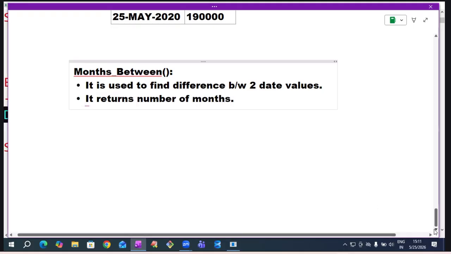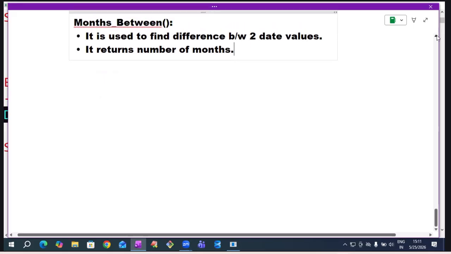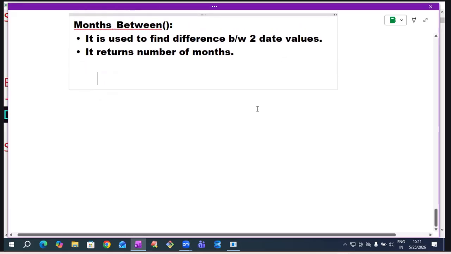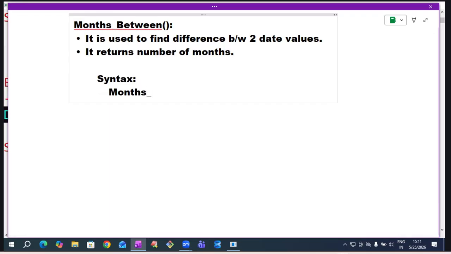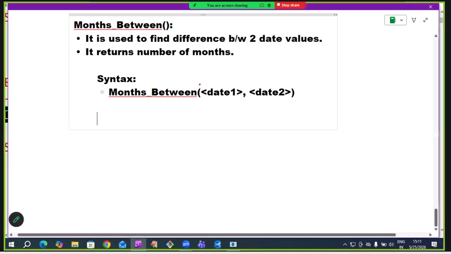See the syntax here. We write like this: months between, this is the first date value, and this is the second date. Always this first date value is the upper value and the second date value is the lower value.